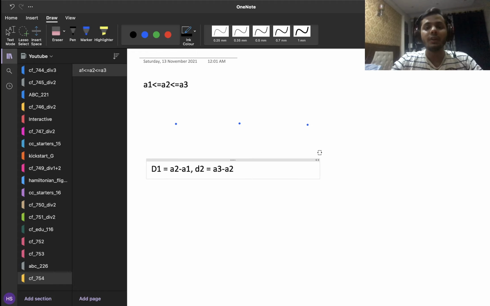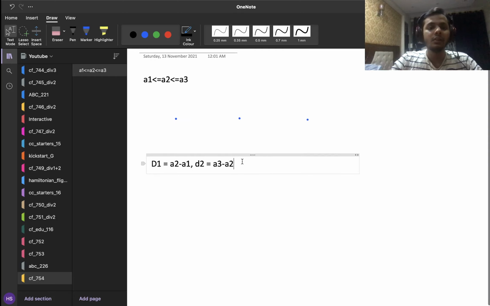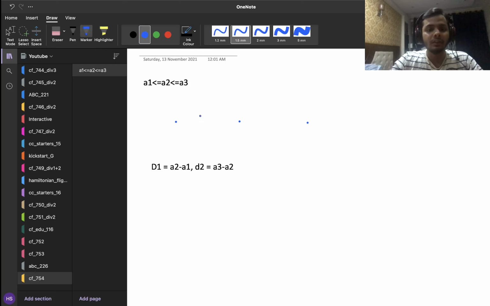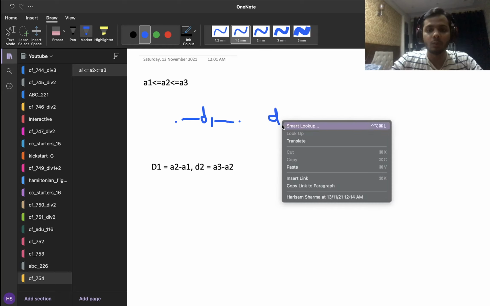What I want to do is bring these values of d1 and d2 as close as possible. Ideally, d1 and d2 should be the same. If that is the case, then the arithmetic mean of a1 and a3 will just be a2. So finally I want to bring d1 and d2 as close as possible to each other, where d1 is the distance between a1 and a2, and d2 is the distance between a2 and a3.